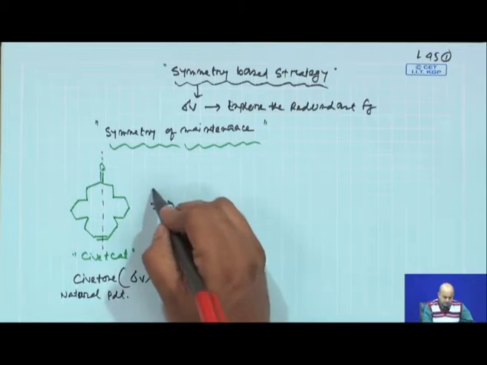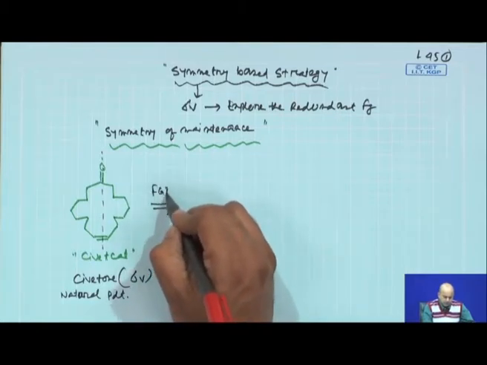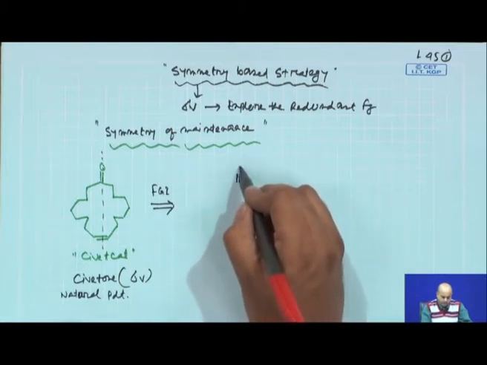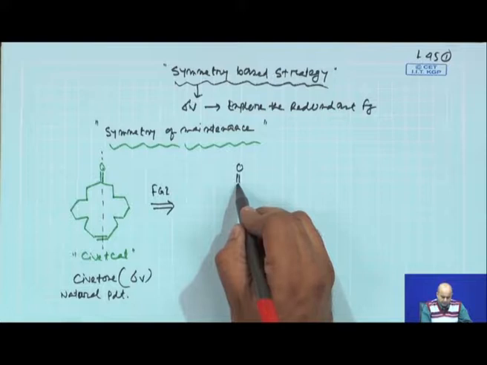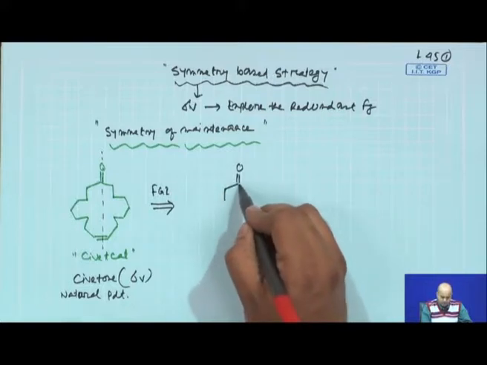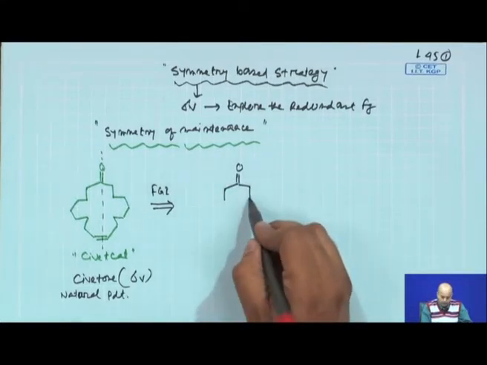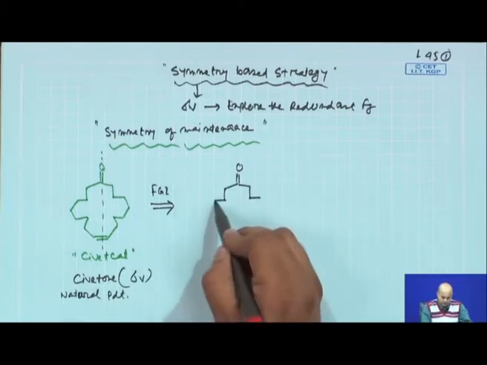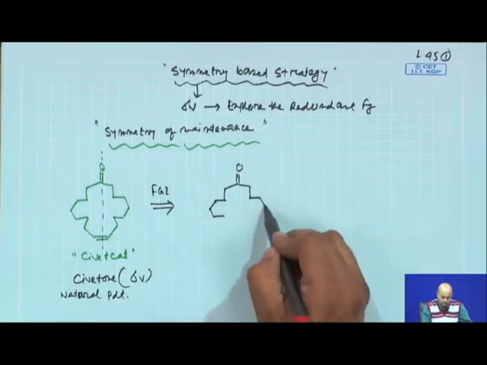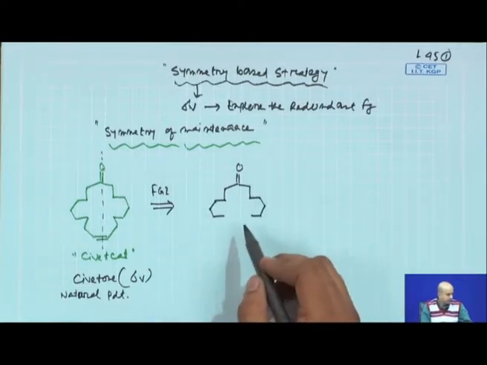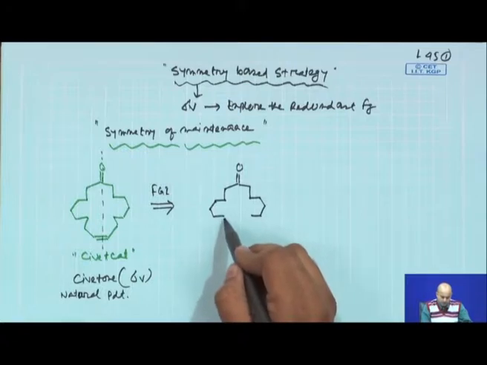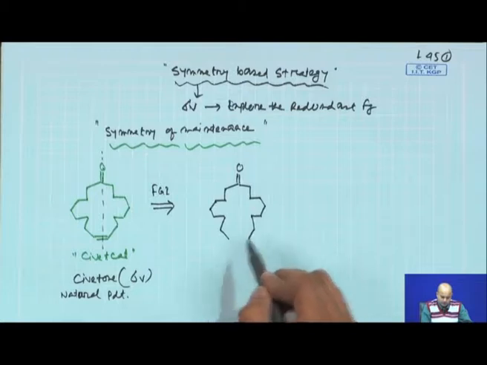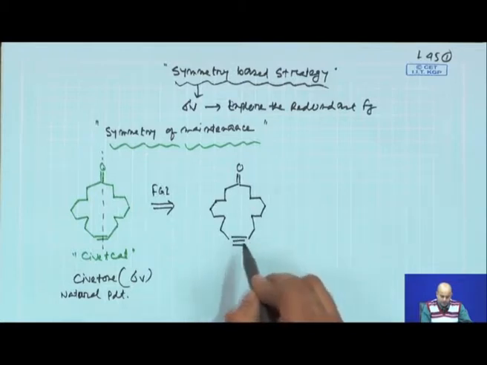The initial retro which was thought of for this molecule, by doing a simple FGI, proposed that the Z olefin which lies in the bottom part of the molecule can easily be constructed from the corresponding alkyne.